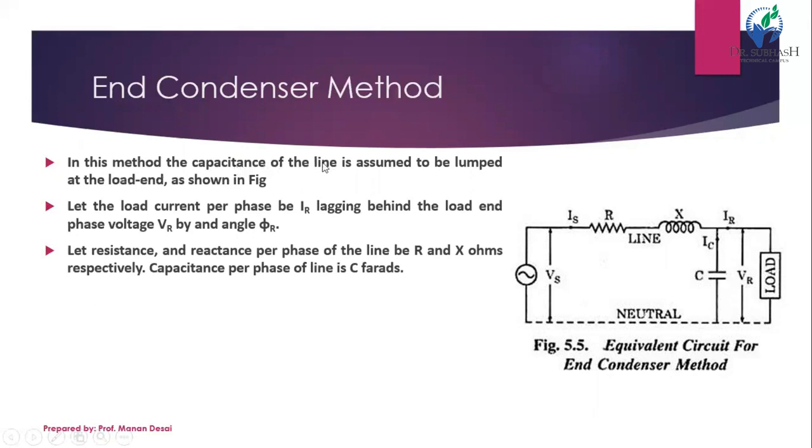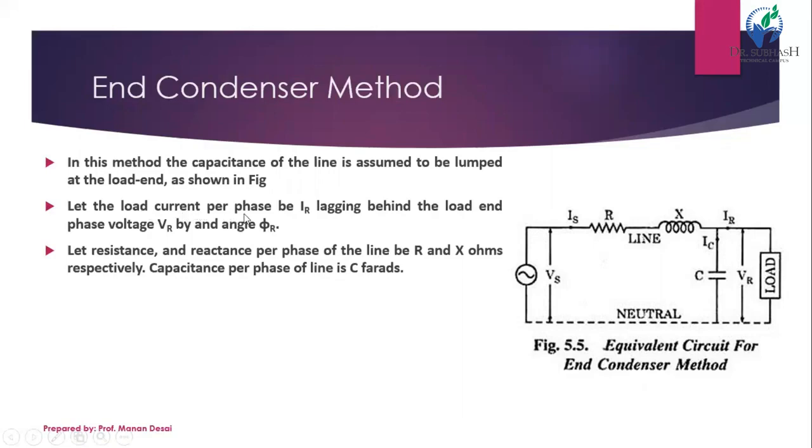In this method, the capacitance of the line is assumed to be lumped. Lumped means the capacitance is spread over several parts of the line, so we assume a single lumped capacitor, which is the cumulative effect of the capacitance.